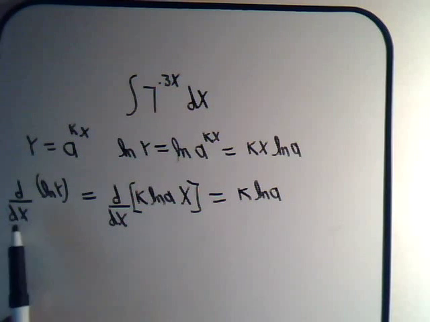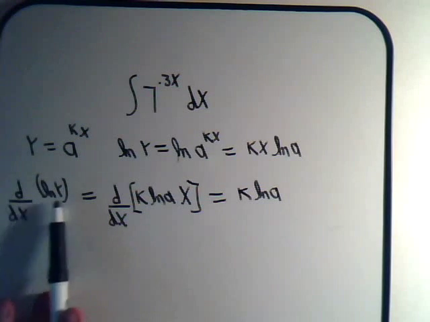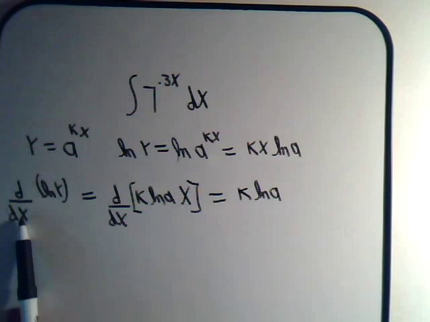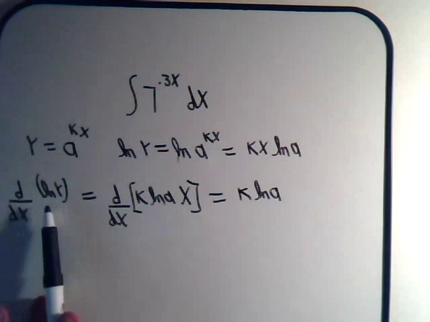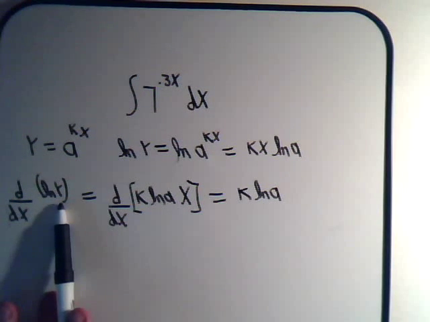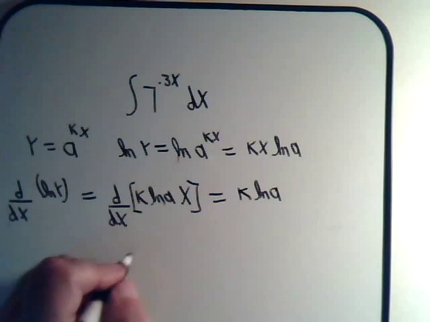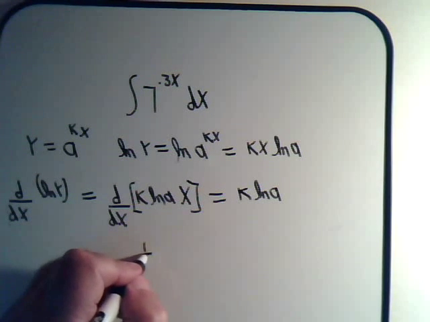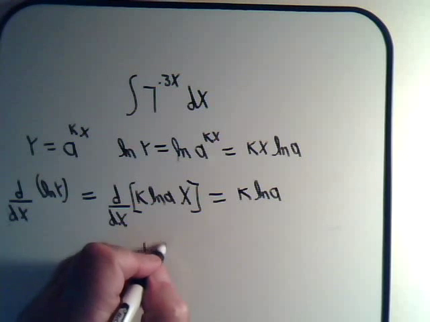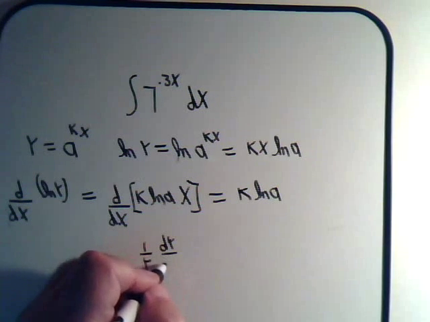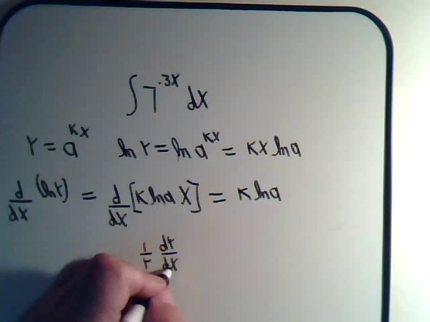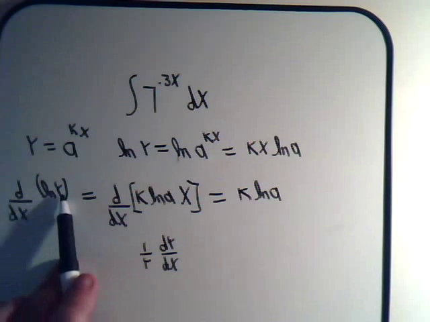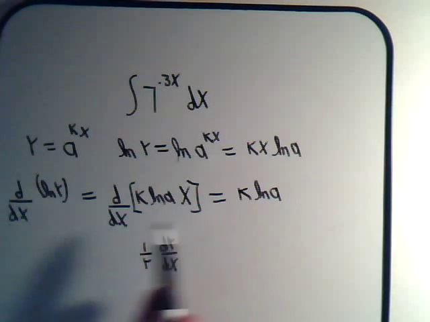Now going back to here, this is going to involve logarithmic differentiation, and that's going to be 1 over what's inside the log sign, 1 over y, times its derivative. So we're going to have 1 over y dy dx. This just pops out when performing logarithmic differentiation.